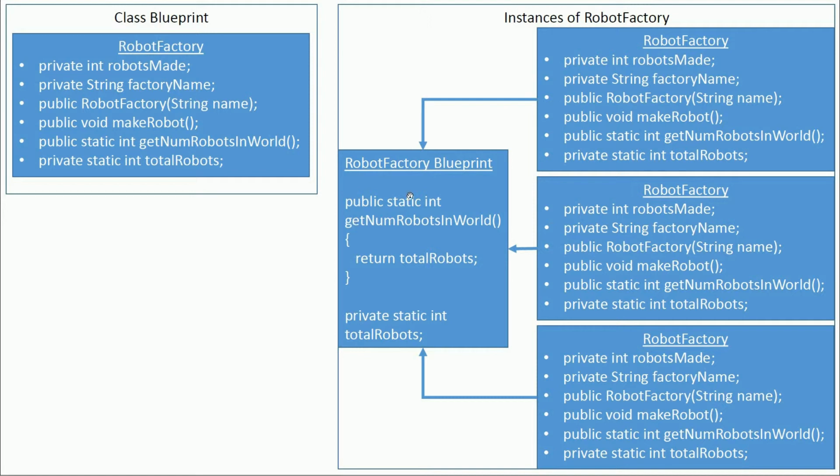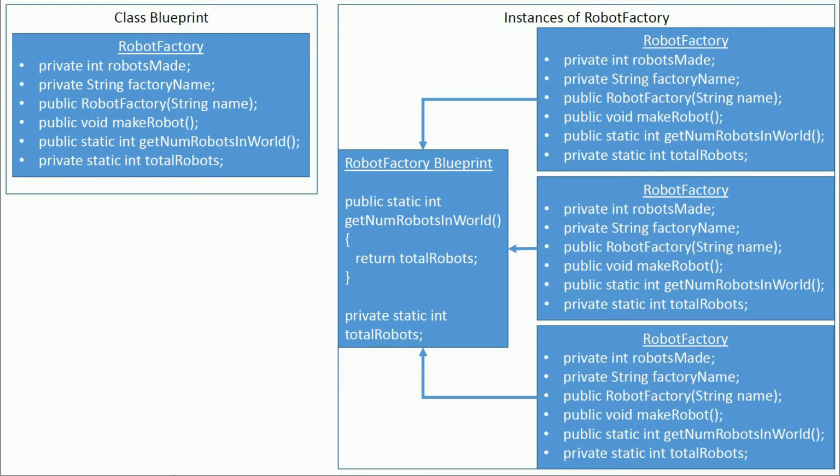And same thing for static methods versus non-static methods. Static methods will reference the exact same method definition or implementation across all 3 instances, whereas a standard non-static method will have its own unique local copy in memory.